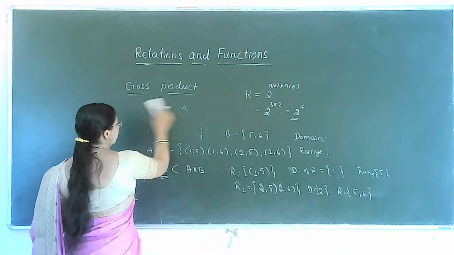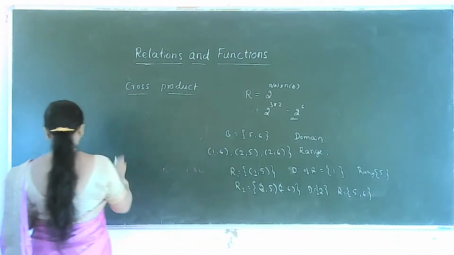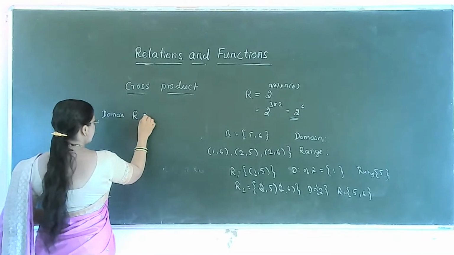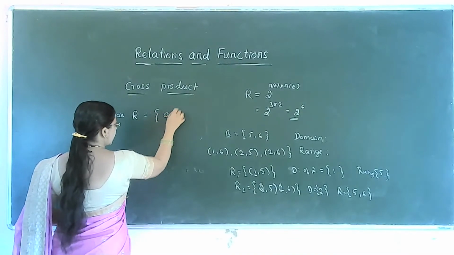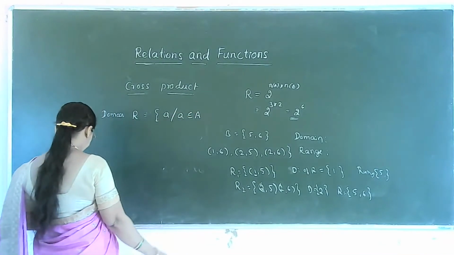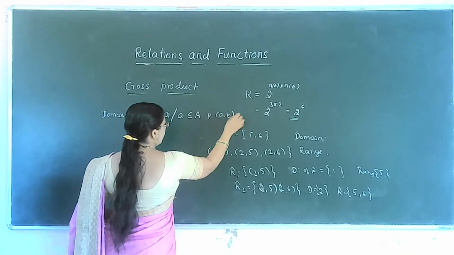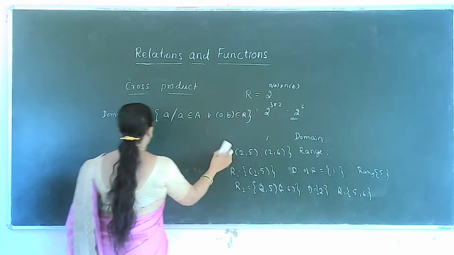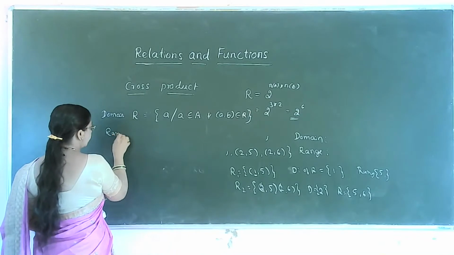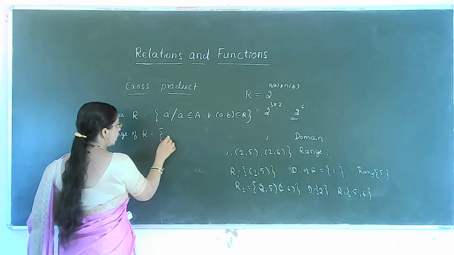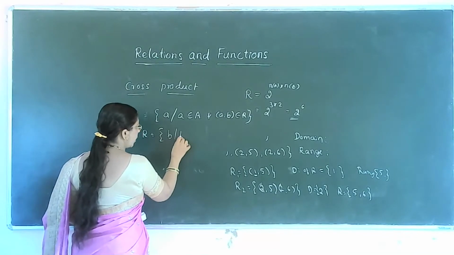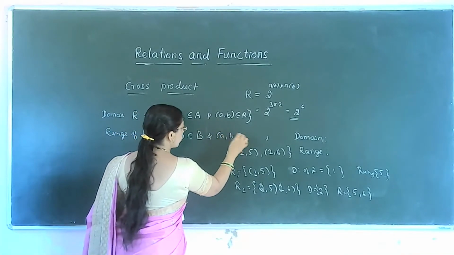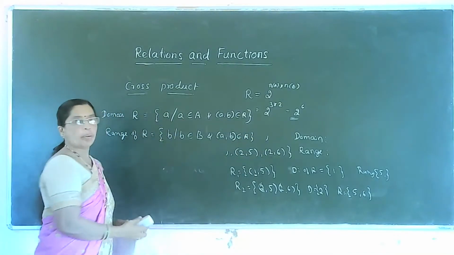Therefore, we can define domain of R is equal to the set of a such that a belongs to A and (a,b) belongs to R. Then range of R is equal to the set of b such that b belongs to B and (a,b) belongs to R. This is the domain and range.